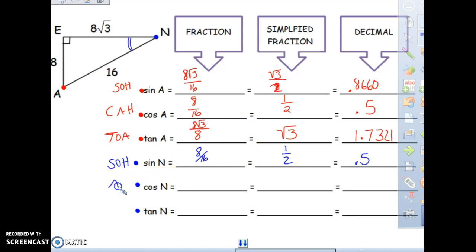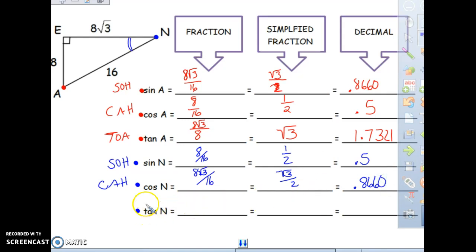The cosine is adjacent over hypotenuse, so adjacent is 8 roots of 3 over hypotenuse 16. And again, we already did that one. 8 over 16 turns into a half, so we get the square root of 3 over 2, or 0.8660.